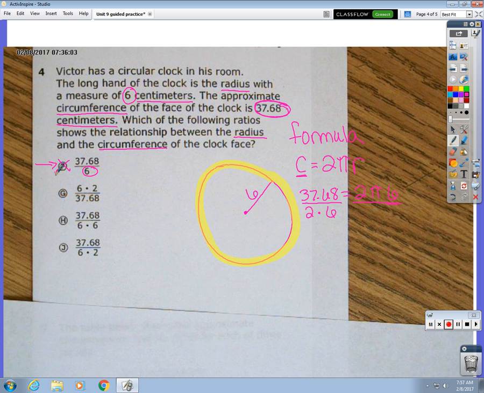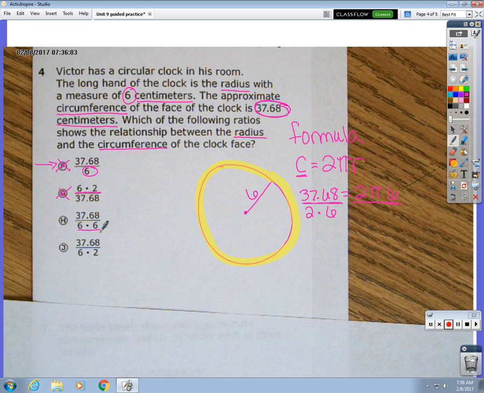On answer choice G, we have 6 times 2 divided by our circumference. We want the circumference on top, so circumference is in the wrong place, otherwise this one would work. Answer choice H has the circumference on top, and then on the bottom it has 6 times 6. We don't want 6 times 6.